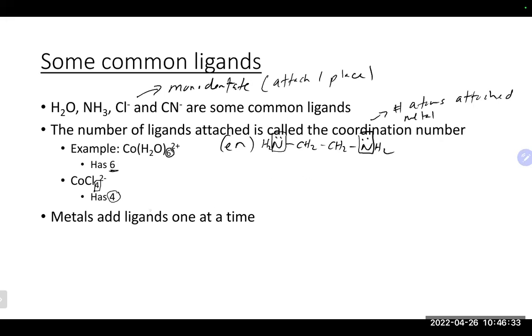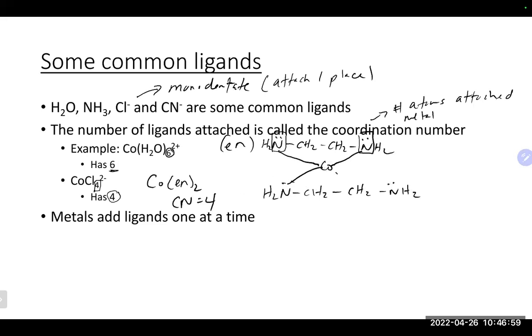So if you had something like cobalt with 2 of those, the coordination number here would actually be 4, because if you had 2 of those molecules, I'll draw them both. And you put your cobalt in the middle, this nitrogen would attach, that nitrogen would attach, 2 per molecule, along with this one and this one, which means, whoops, I missed it, that one.